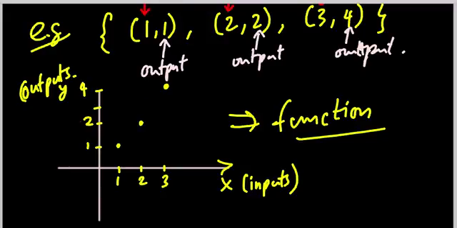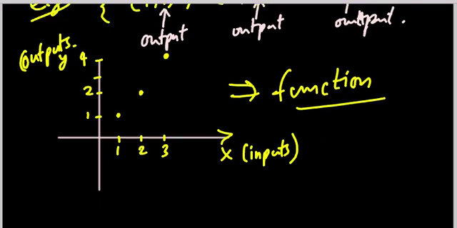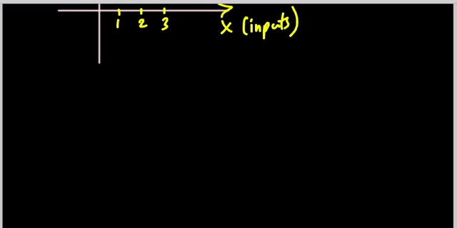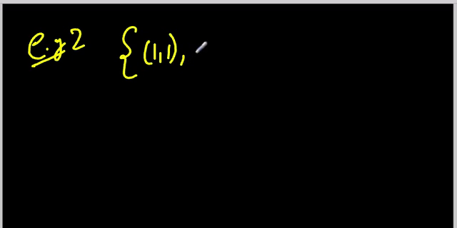Let me scroll down a bit. So here's example 2. I'm going to use the same pairs, but I'm going to add an additional one. In this set, I still have (1, 1), which was in the other one. But now I'm going to add, in red, (1, 2).